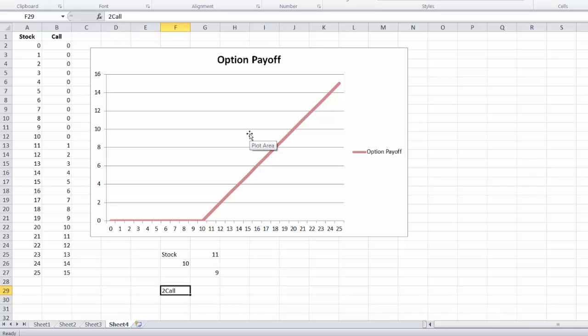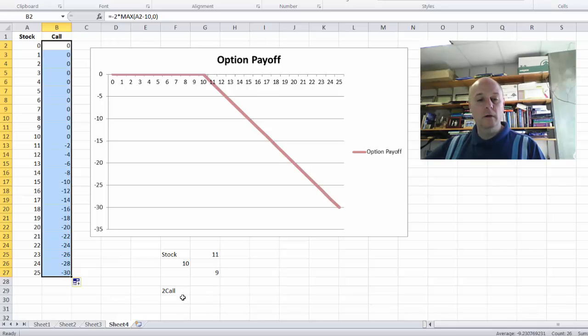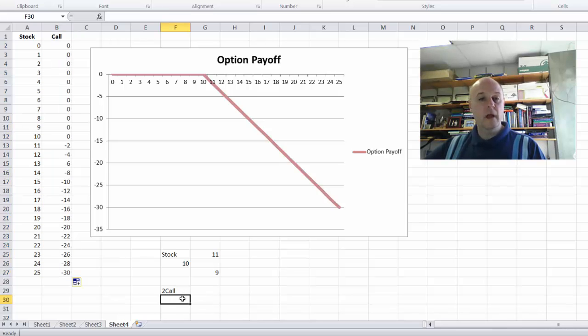What does the payoff look like for selling 2 calls? Well, that's 1 call. 2 of them would be just 2 times. Selling would be a negative. So if I sell 2 calls, there's my option payoff. And let's say I sell them for 50 cents a piece.